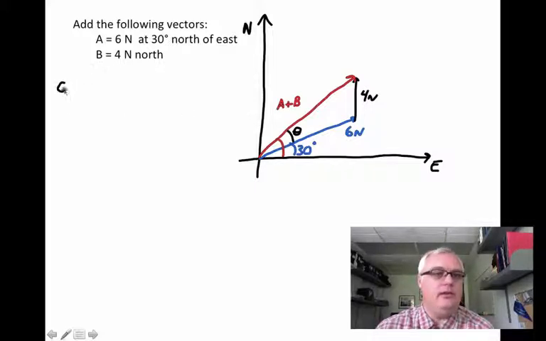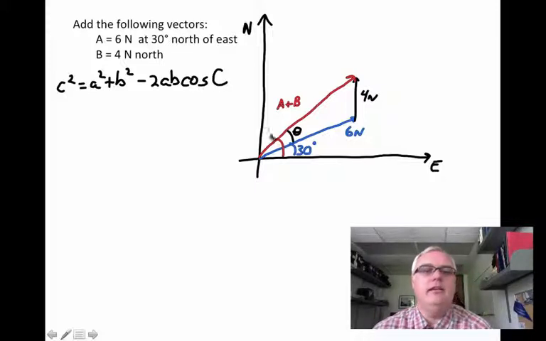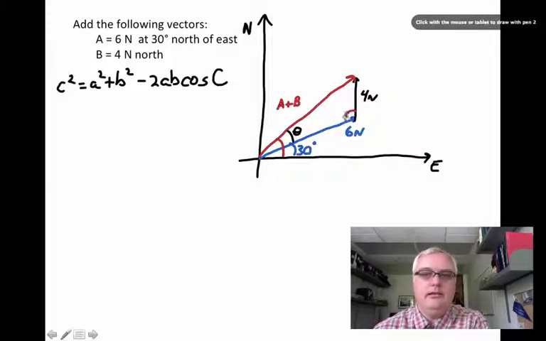And the cosine law looks like the Pythagorean theorem, but it has this extra term added to it. And this extra term involves the cosine of angle C. And angle C is going to be this angle here.